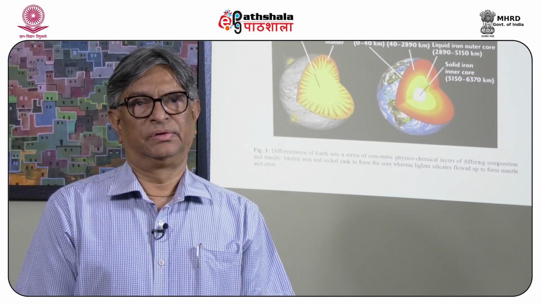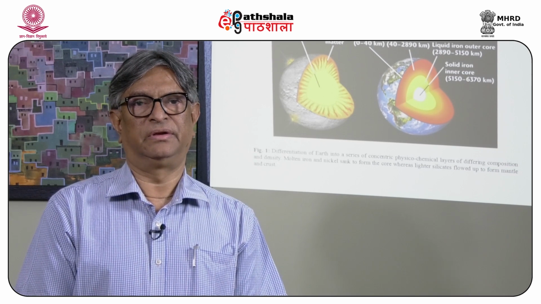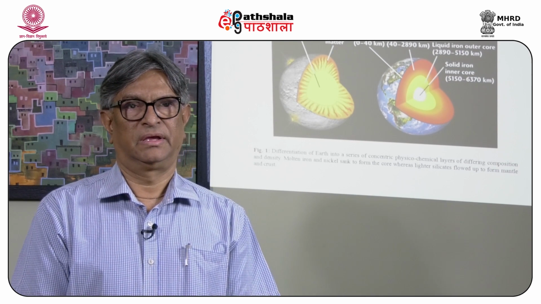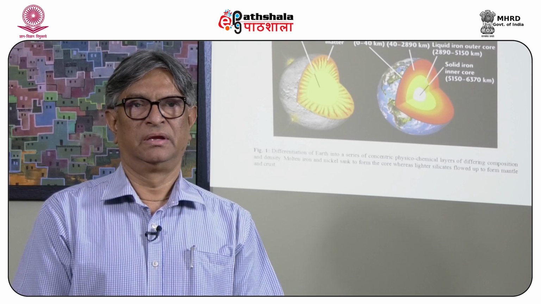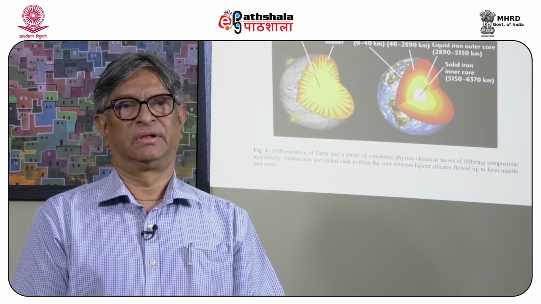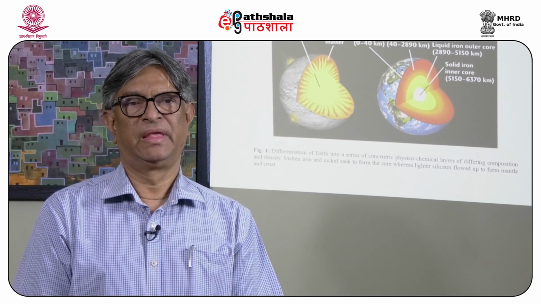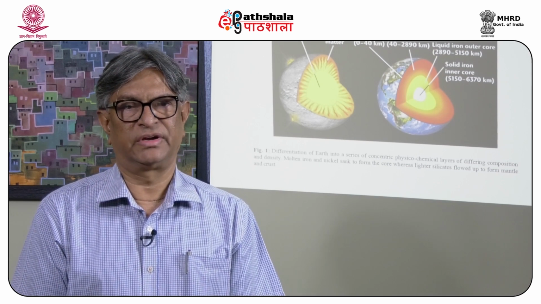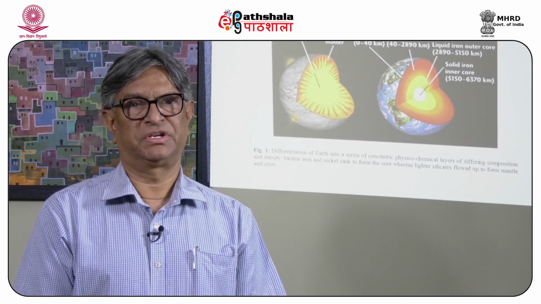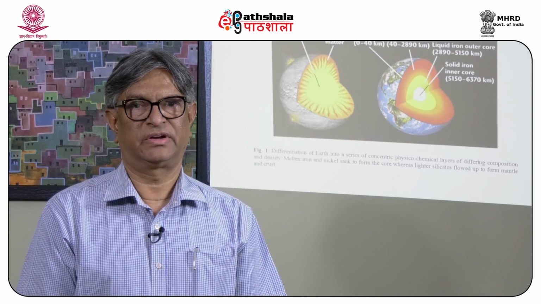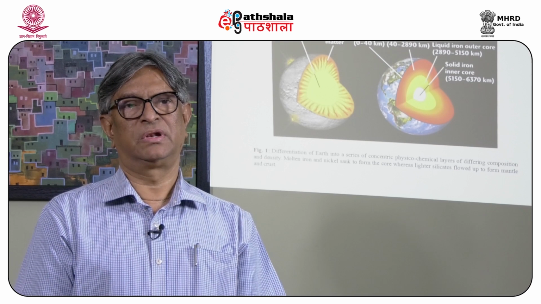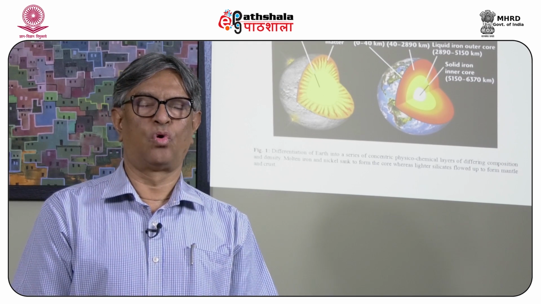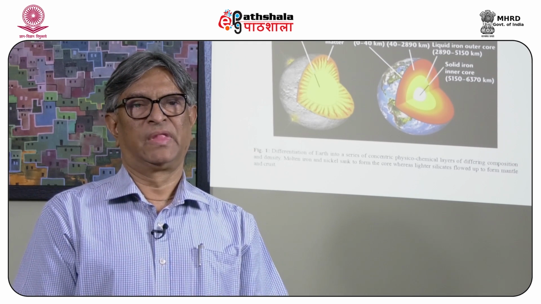So, the Earth to start with gets heat from two different sources. One is the extraneous source, that is the sun, and the meteorites that impact the Earth, and the other one is the internal heat that generates because of the convection in the mantle, the presence of radioactive minerals, and also the residual temperature that was there during the core formation, and it is very, very hot.